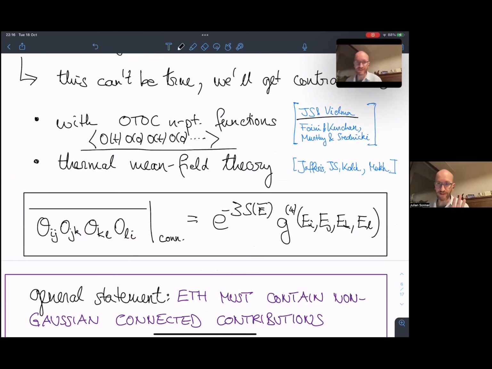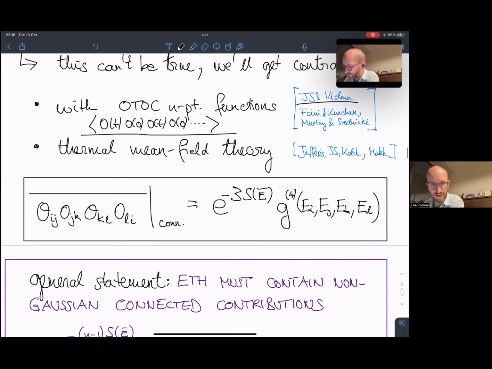There is a second thing, which I don't want to go into in detail because I'm a little behind time, but we explained it in our more recent paper with Dan and David and Bauer. You even get the wrong thermal mean field theory if you try to derive it from ETH, unless you include these non-Gaussian corrections.